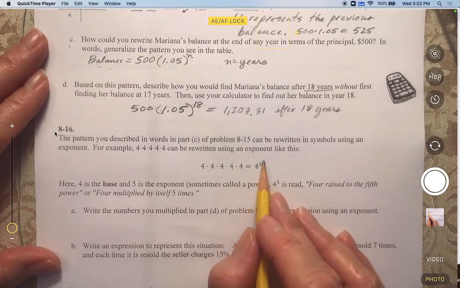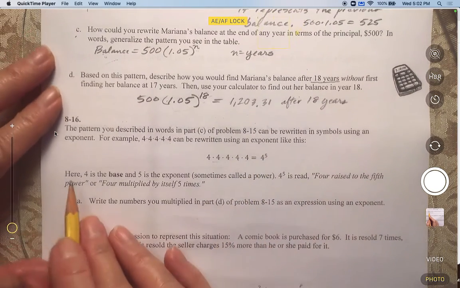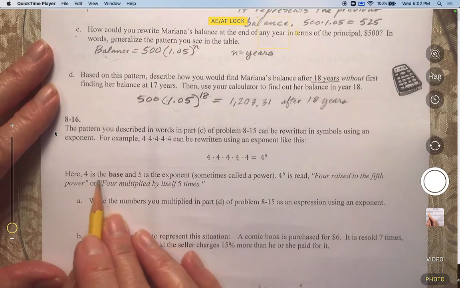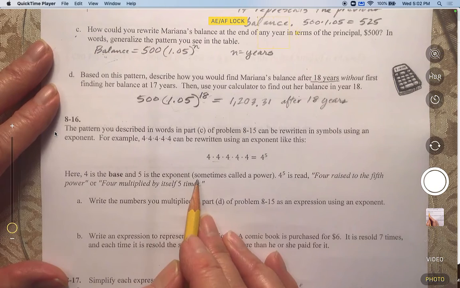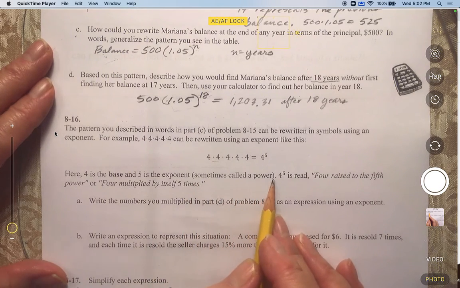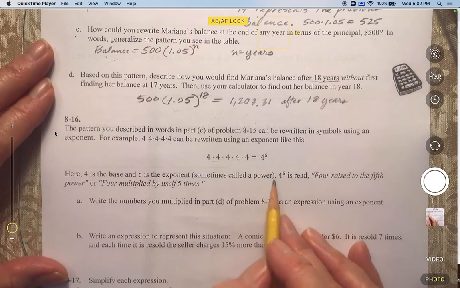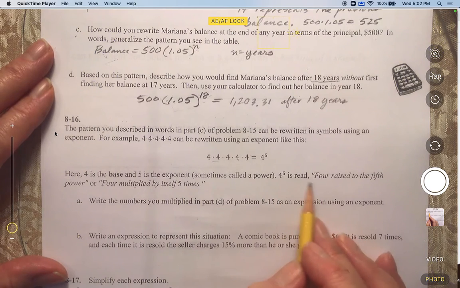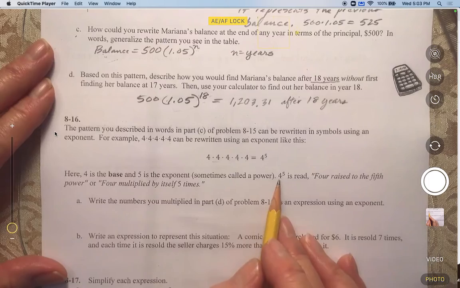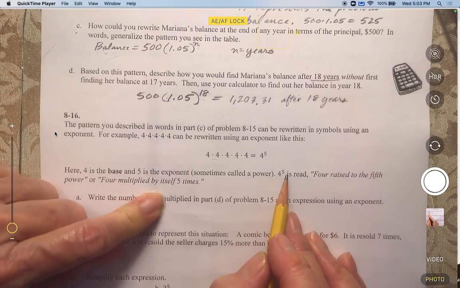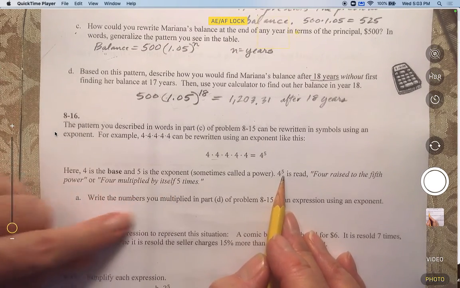So that's 4 to the 5th power. In this case, 4 is the base, and 5 is the exponent, which we also refer to as a power. So this is read 4 raised to the 5th power, or 4 multiplied by itself 5 times.